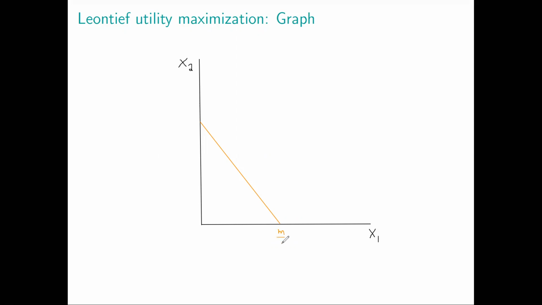So m over p1 and m over p2. And the slope here is equal to negative p1 over p2.